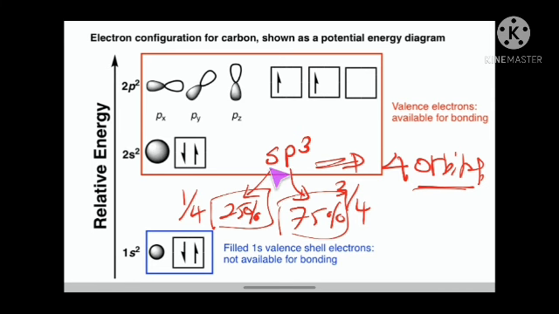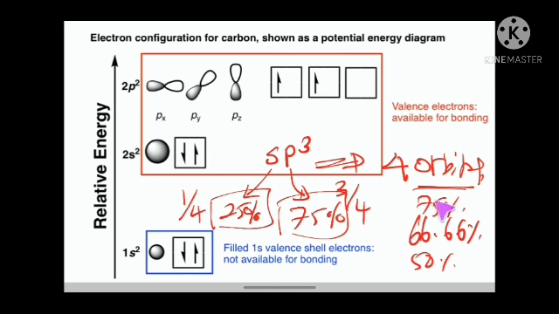So let's compare the energy level with sp orbital and sp2 orbital. Here p is the majority, that is 75%, and in sp2 orbital the p has 66%. In sp orbital, the p orbital has 50%, but here it has 75%.